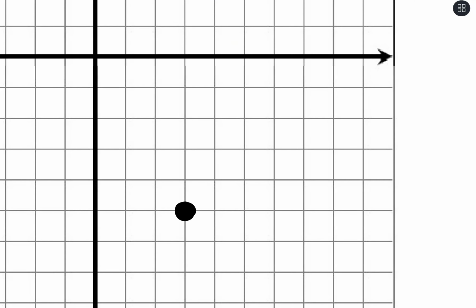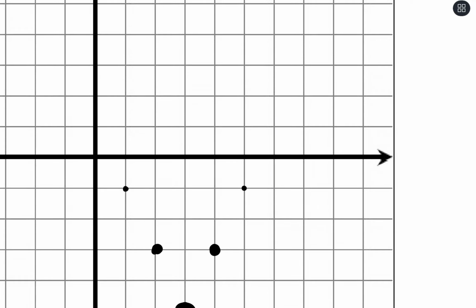Typically, from our vertex, we would have over 1, up 1, over 2, up 4 from the squaring. But now, where we had that vertical distance of 1, that's going to be stretched by 2. And where we had a vertical distance of 4 before, now we're going to have 8.